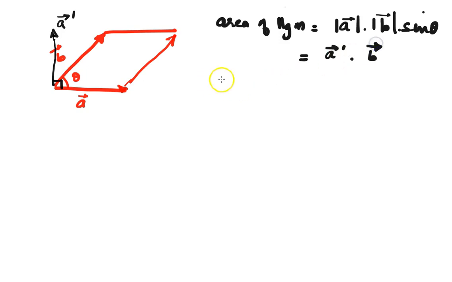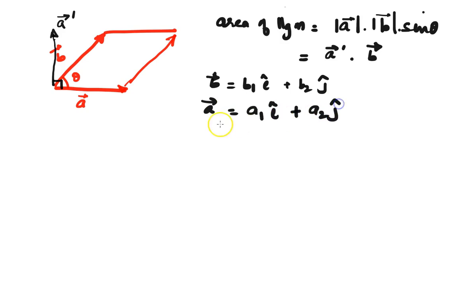Now if b vector is b1 i cap plus b2 j cap and a vector is a1 i cap plus a2 j cap, then we just saw that a prime is equal to minus a2 i cap plus a1 j cap.